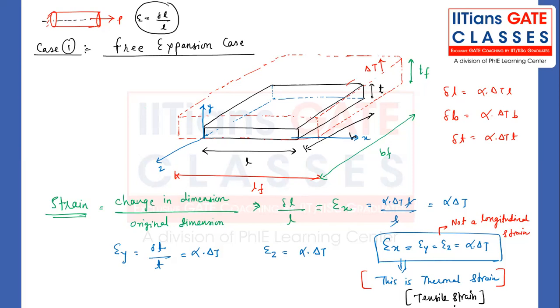For case number one, alpha is a material property. Everybody knows that. When you change the temperature, the material wants to expand. When you increase the temperature, the material wants to expand, right?